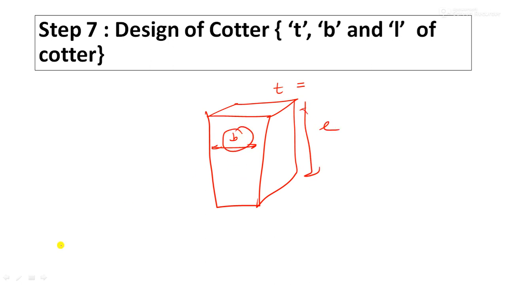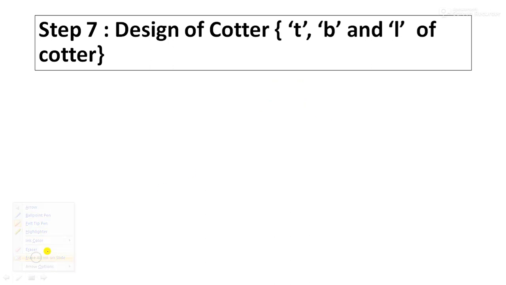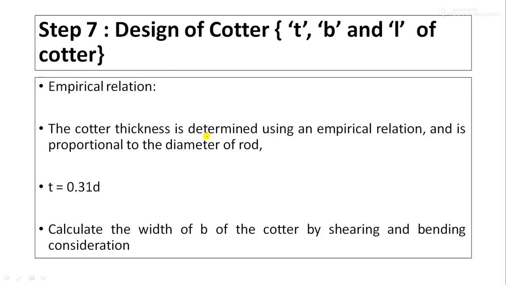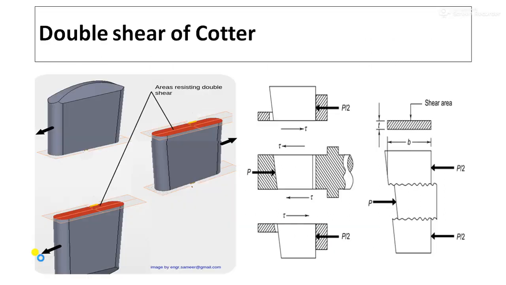Thickness T, we have already considered the empirical relation for. So let us find out the remaining dimension, that is B. The Cotter thickness is determined using an empirical relation and is proportional to 0.31 times the diameter, right? This we have already done in the initial analysis. Now we have to calculate the width of the Cotter by shearing and bending considerations. Okay, so let us understand.